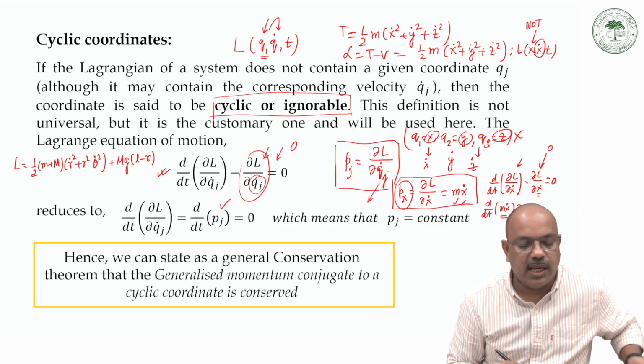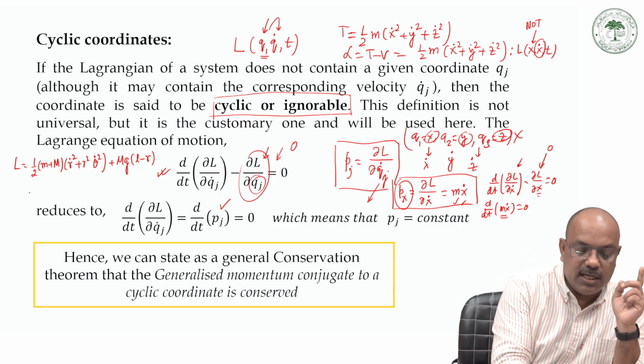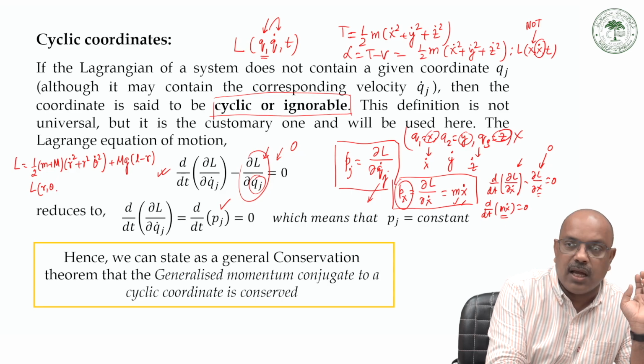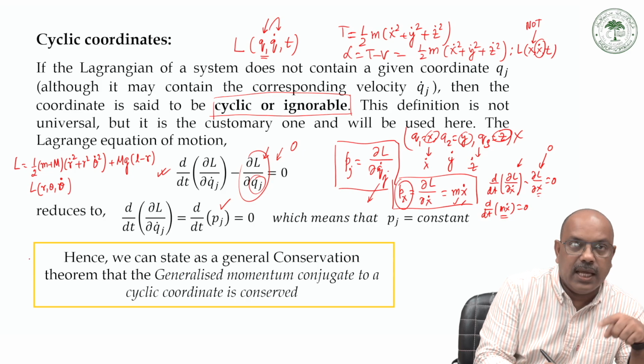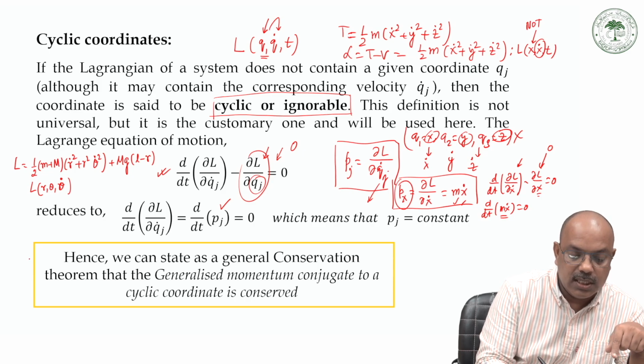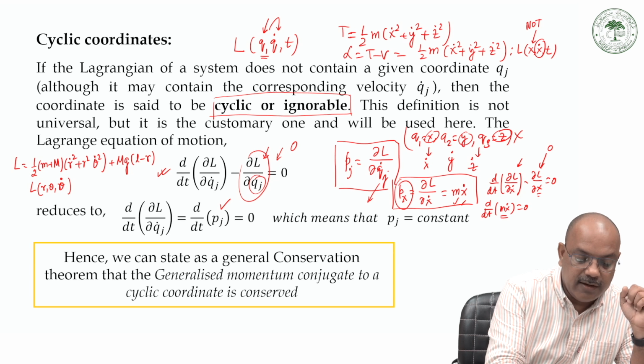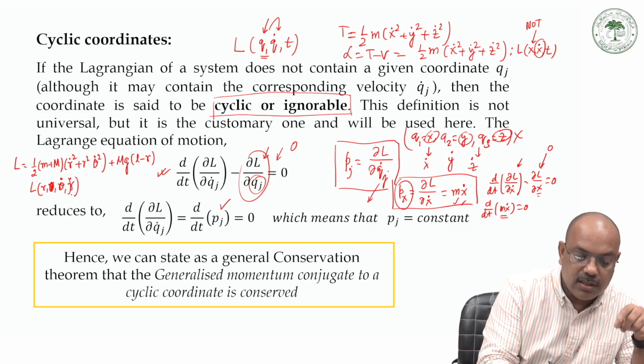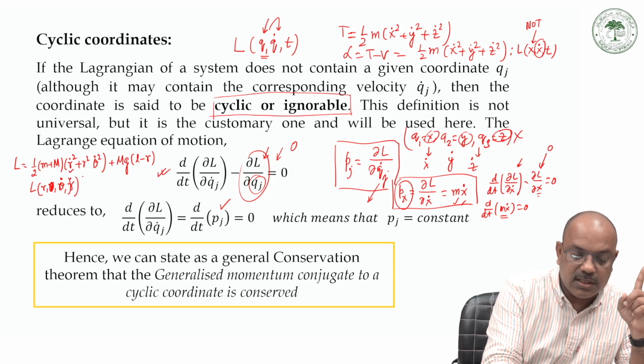This Lagrangian has two generalized coordinates, r and theta, and it is not depending upon theta.